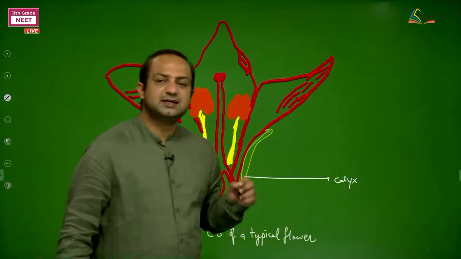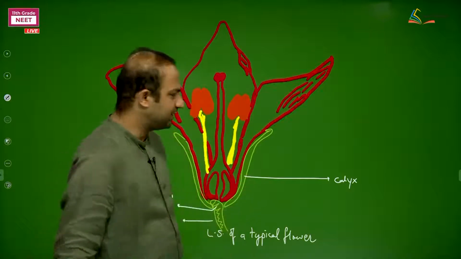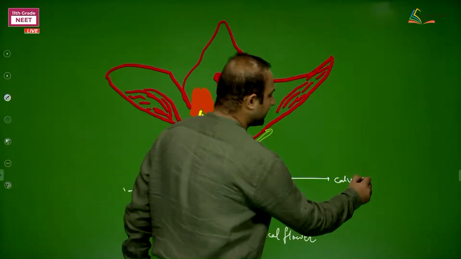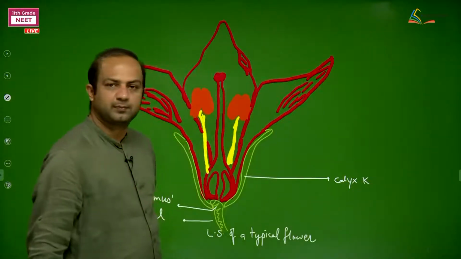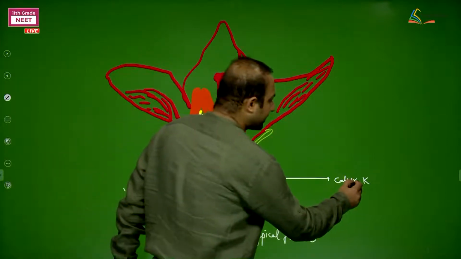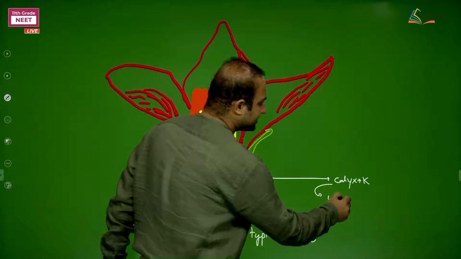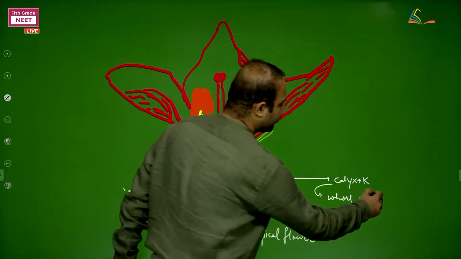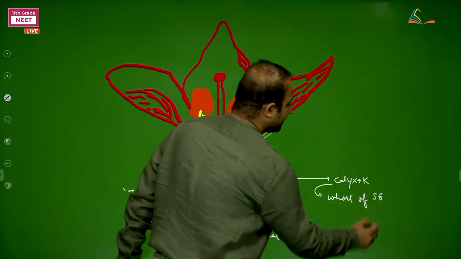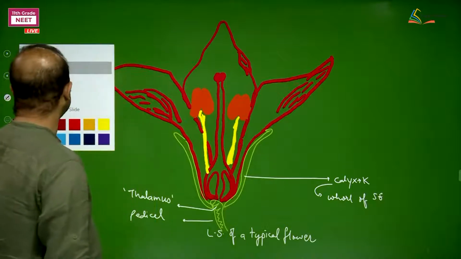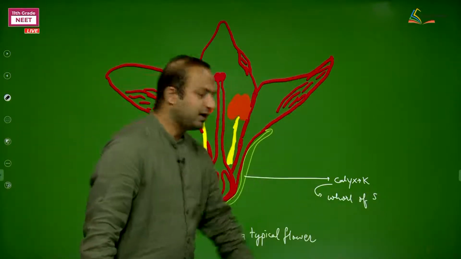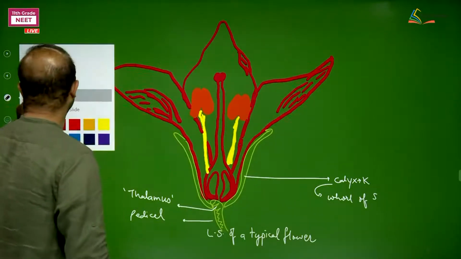Now calyx is denoted as K. There is a symbol for calyx, we write it as K. And for calyx I can say one thing, that it is a whorl, meaning a circle, of sepals. Each member is called a sepal.